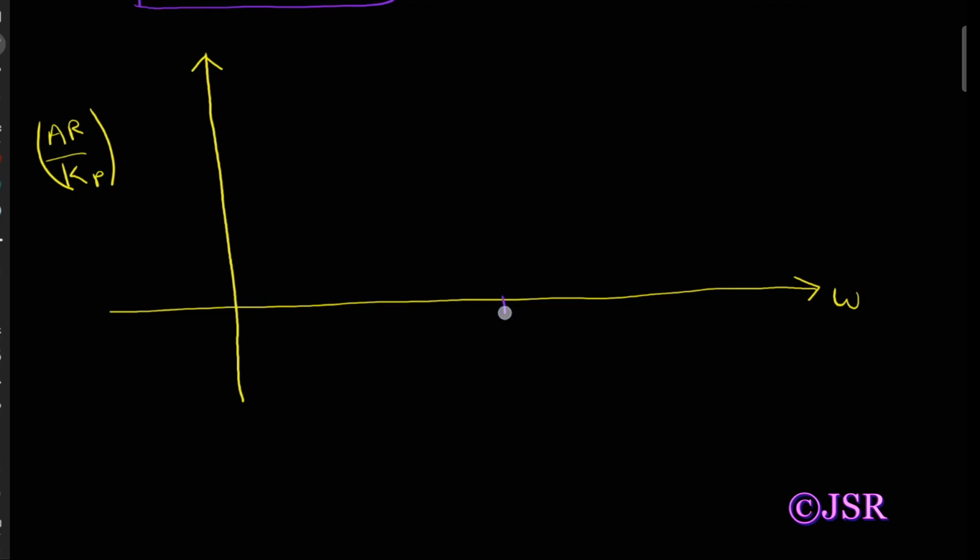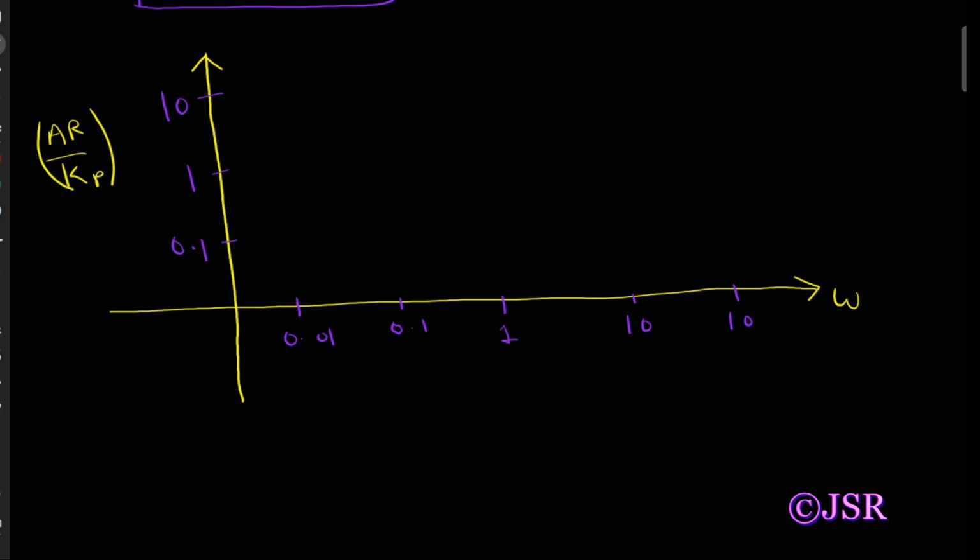So this is, let's say, 1, this is 10, this is 100, this is 0.1, and this is 0.01, 0.1, this is 1, this is 10.